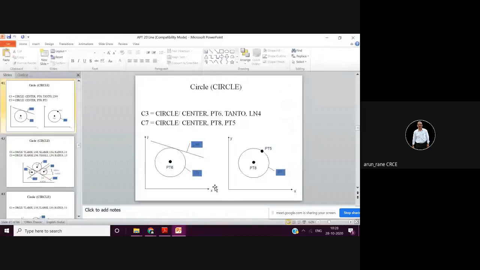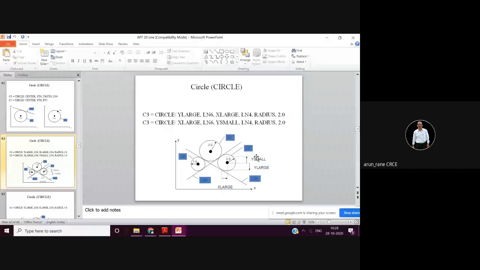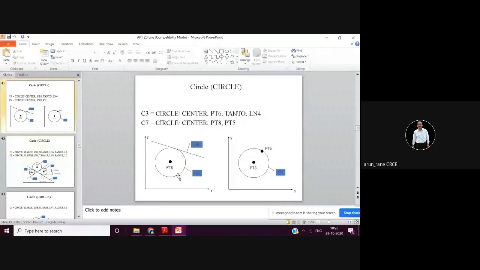Here there are two ways of drawing the circle. That is a circle C3. It has a center at point 0.6. Now remember, the point 0.6 is already defined, and it is tangent to line 4. Now there can be many circles tangent to line 4. Infinite number of circles, isn't it? Here, here, here, here. Similarly here, here, here, here.